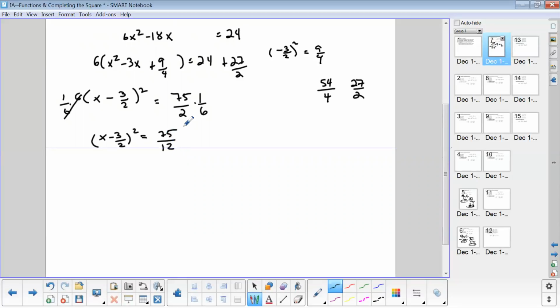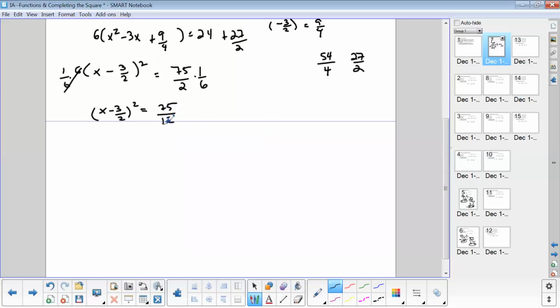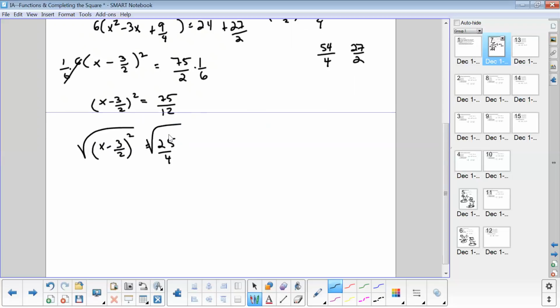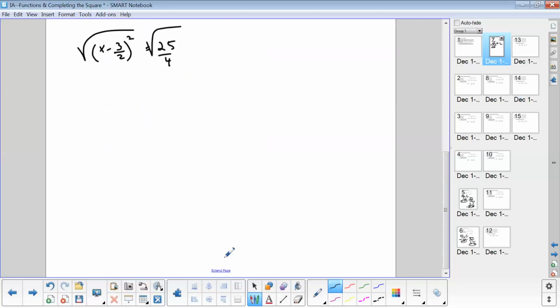And 75 and 12 are both divisible by 3, so that would give me 25/4. And then I want access to the x, so I'm going to have to square root both sides. And that's going to give me x minus 3/2 equals the square root of 25/4, which would be 5/2. And then x minus 3/2 equal to negative 5/2.